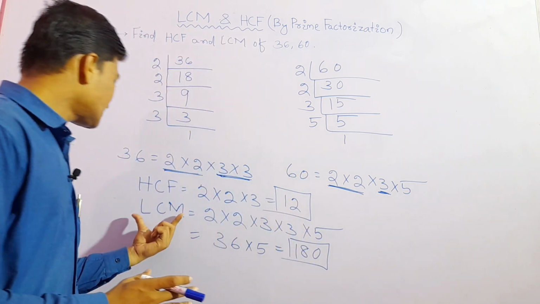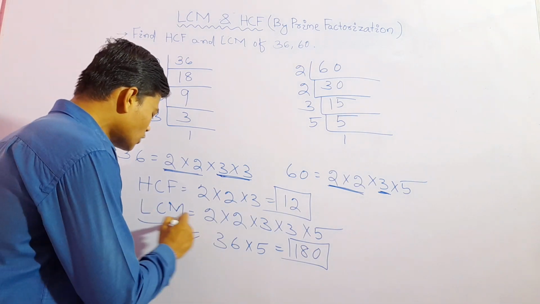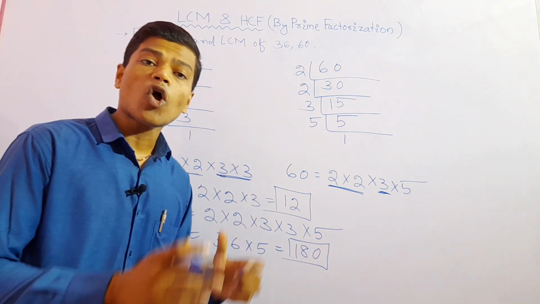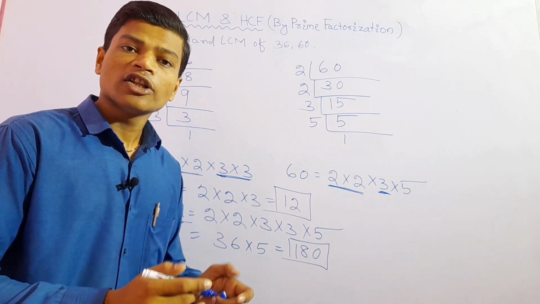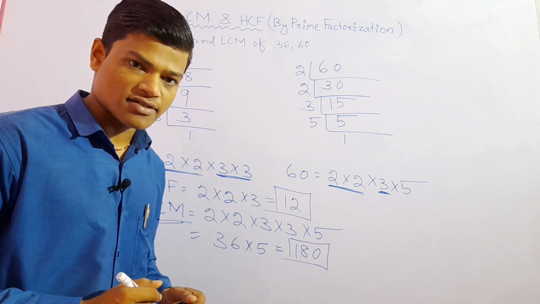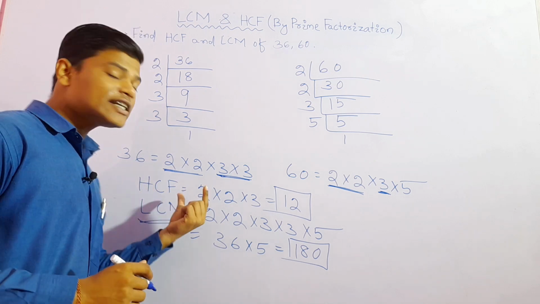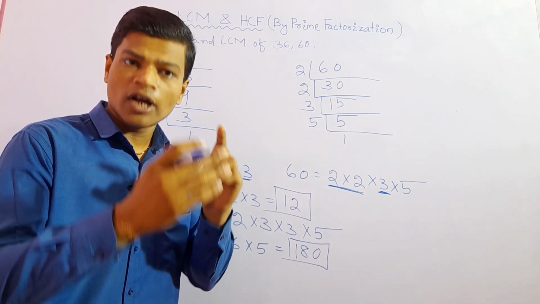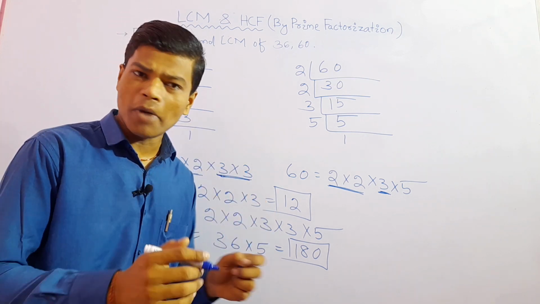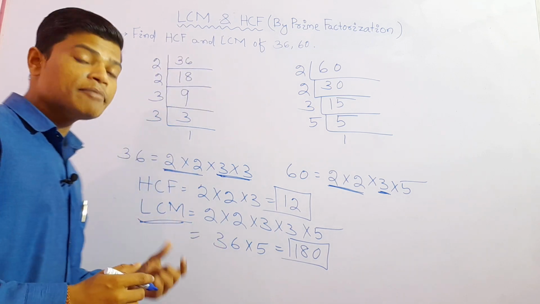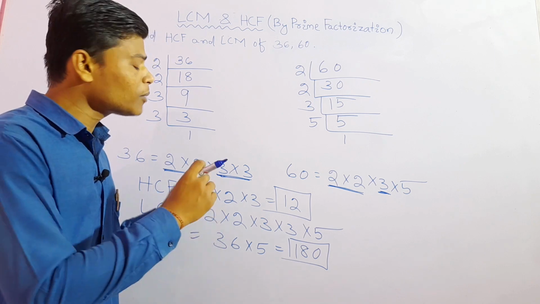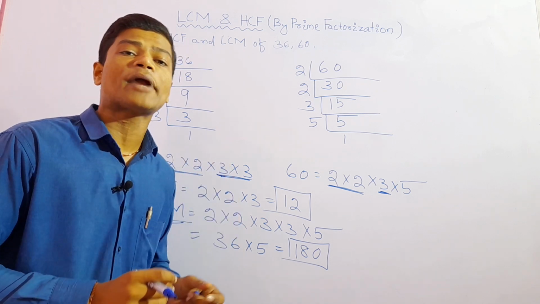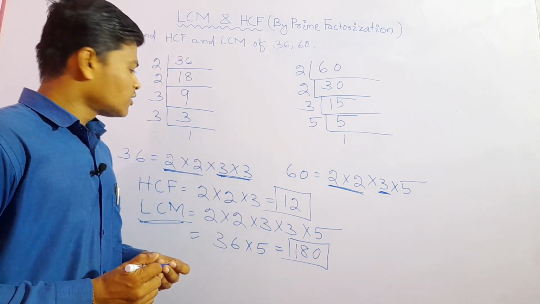But when you are finding the LCM, then you need to consider all the different prime factors and you have to take the maximum time of their appearance. Okay, for finding HCF you have to take the minimum time of appearance of prime factors which are common, but for finding LCM you have to take the maximum time of their appearance and you have to consider all the prime factors. Okay, thank you.